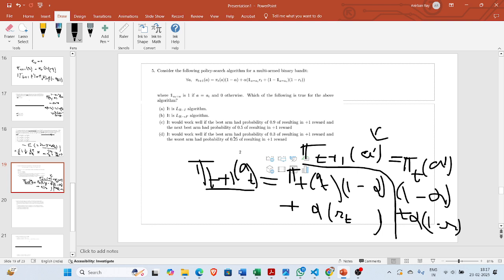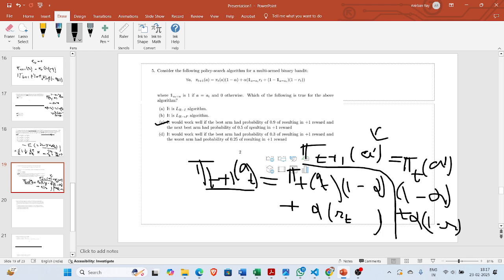Okay, so the thing is that it would work well, and it's in the R and P enclose. Okay, so this is the answer actually. According to the LRP system, it would work well if the base probability of the arm is 0.9, resulting in this.